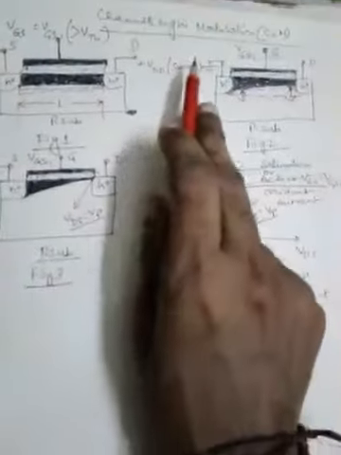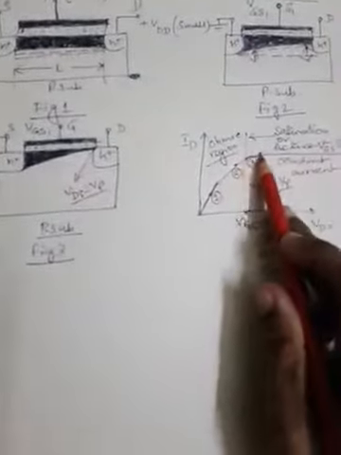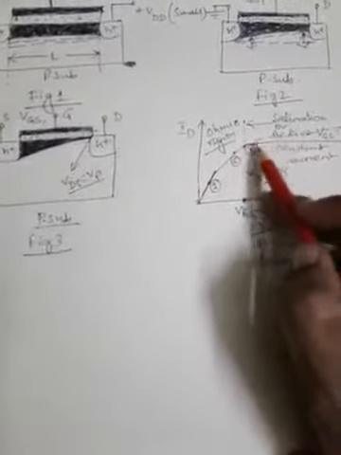That means, with the help of this phenomenon CLM, the drain current will not be constant, but will still increase a little bit. This curve will not be flat, parallel to the voltage axis, but it will go upward. Now let us see how this can be explained.